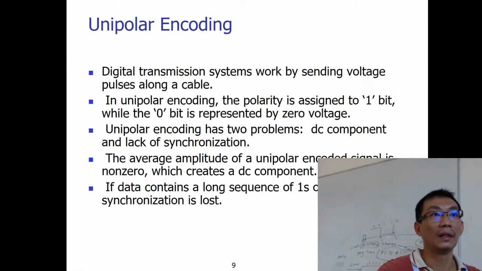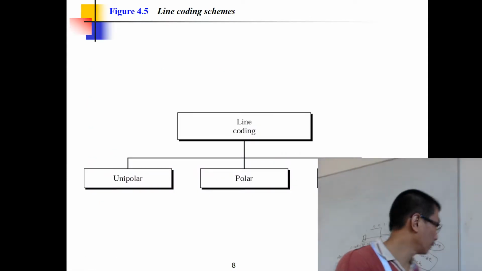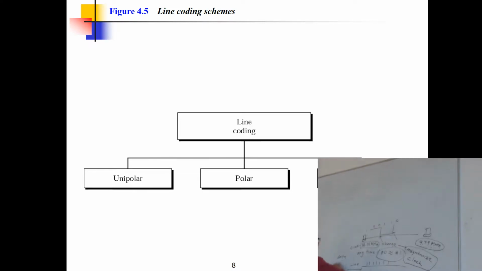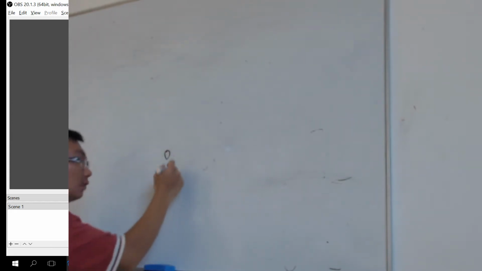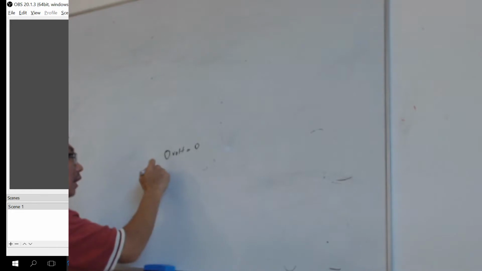Unipolar coding is like this. Okay, unipolar is like this. 0 volt is equal to 0, 5 volt is equal to 1.